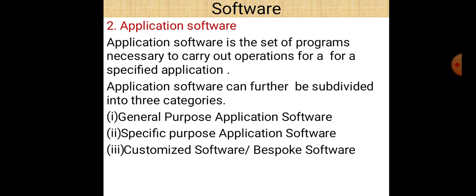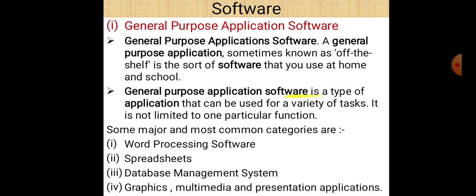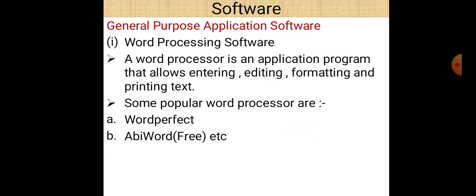Application software is again divided into three categories: general purpose, specific purpose, and customized software. General purpose application software is used in schools and homes by most people, such as word processing software, spreadsheets, database management systems, graphics and multimedia presentation systems.